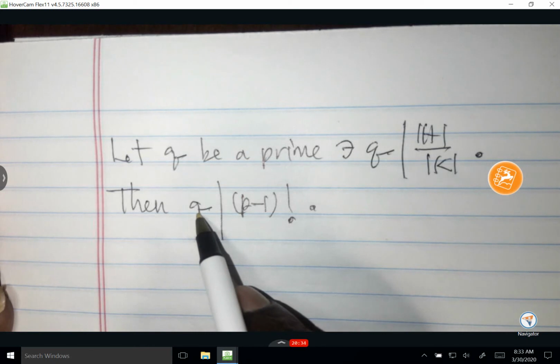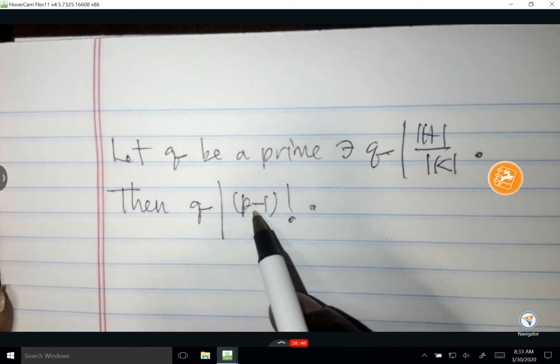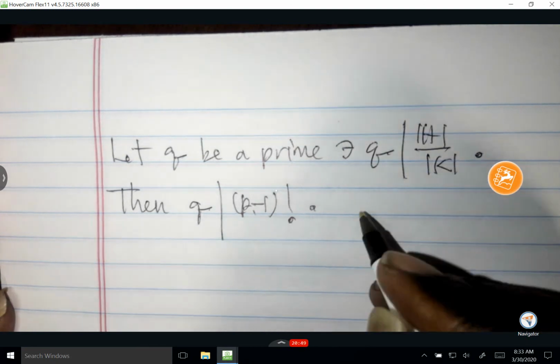Okay? That means it's less than P, because P won't divide P minus 1 factorial, or anything bigger than P. Any prime bigger than P. So I'll say it this way.